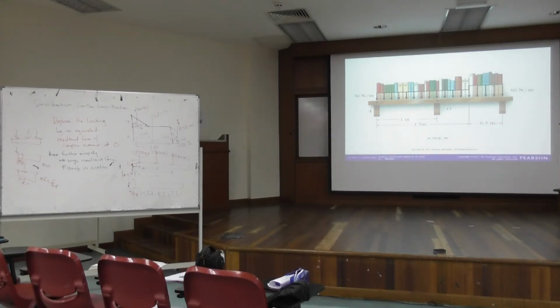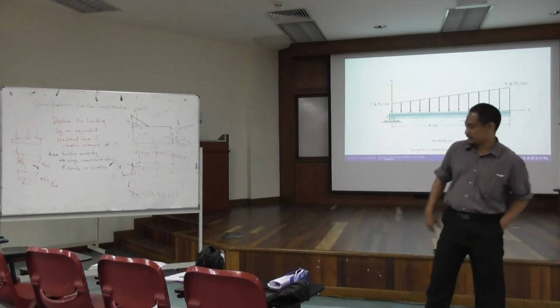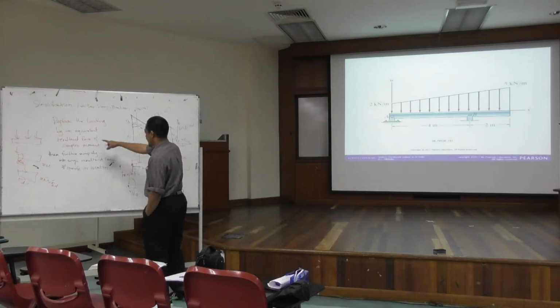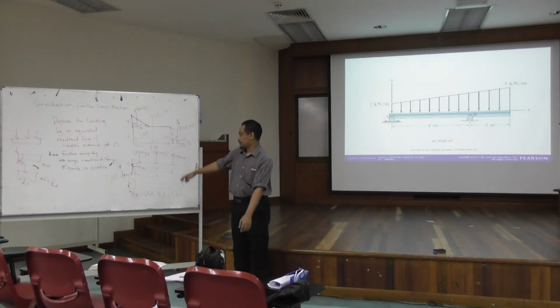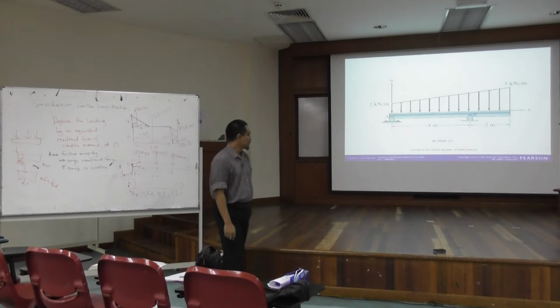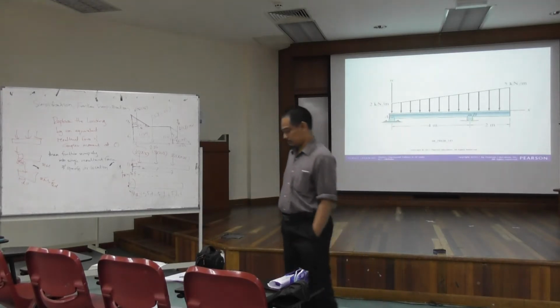I'll just give you this one, because you have to divide the sheet and see what you get. The same question: basically, replace the load by an equivalent force and couple moment at A, and then simplification. Just to see if you have any problem.